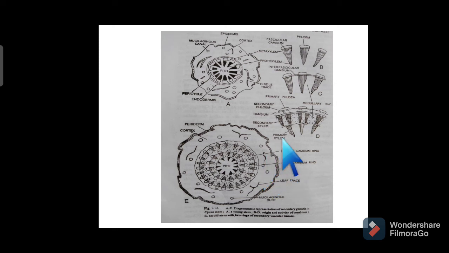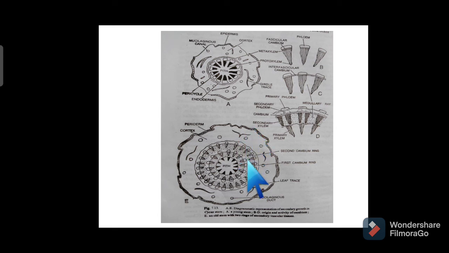Now let us talk a little on the characteristic features, just a summary. The first point to remember is that the outline of the section is irregular, due to the presence of leaf armor, the leaf bases.